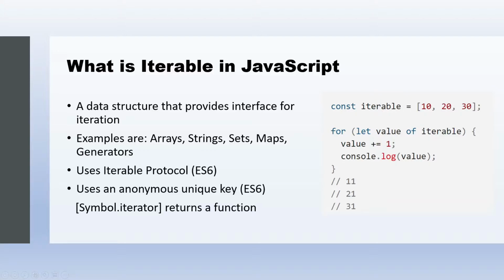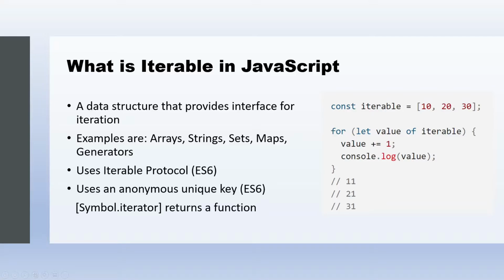Okay. So in JavaScript, array is not the only iterable we have. We also have strings, sets, maps, and even generators that are also iterables. And what we use to distinguish between iterable and non-iterable in JavaScript is the iterable protocol that was introduced in ECMAScript 6.